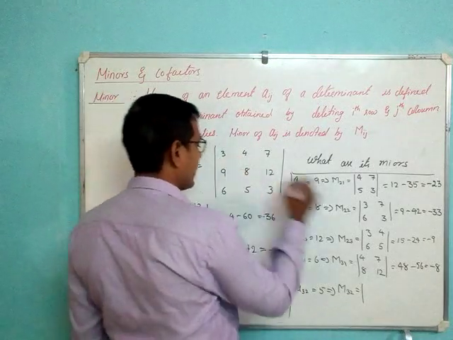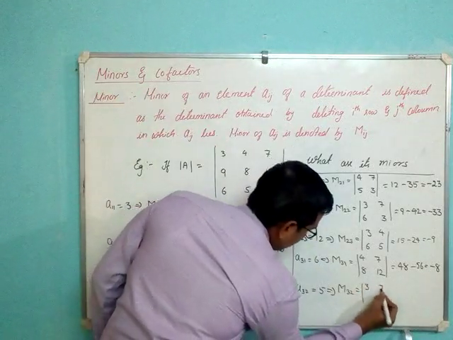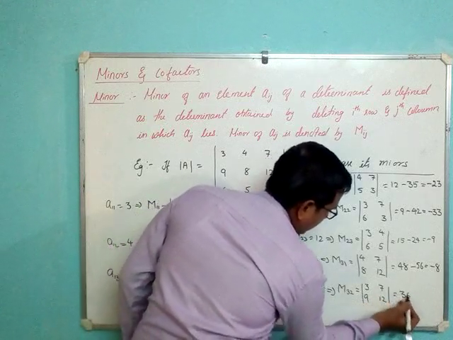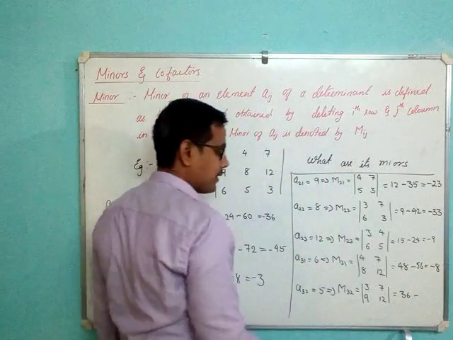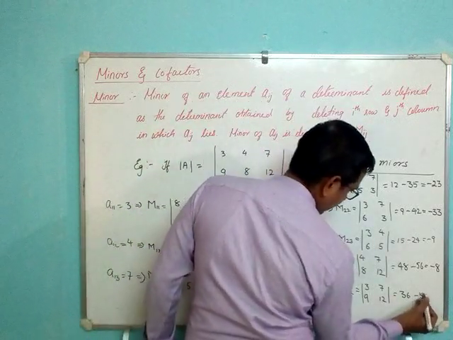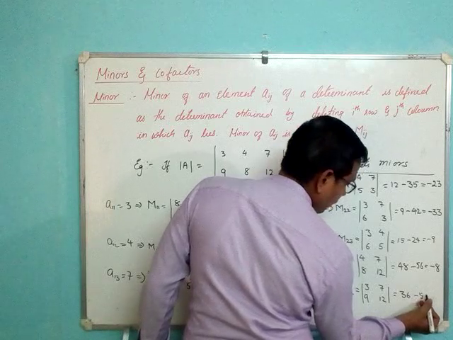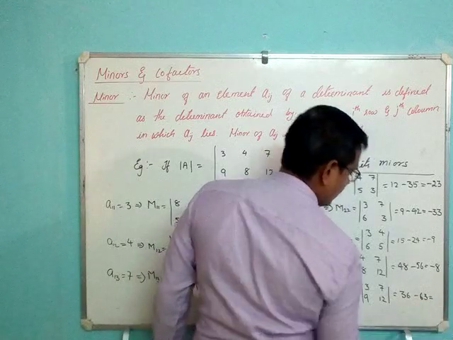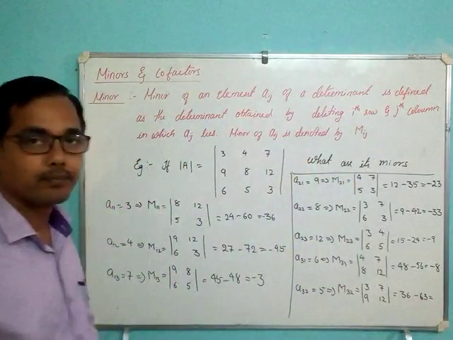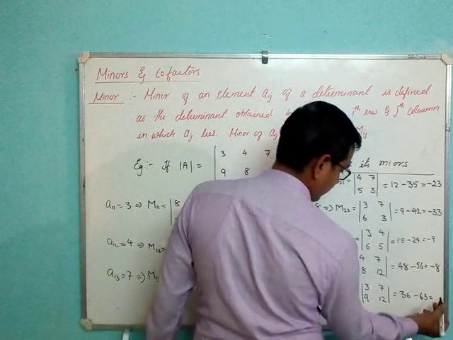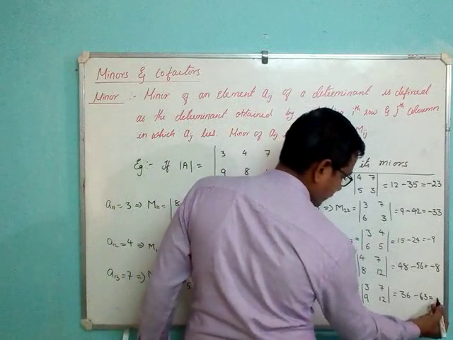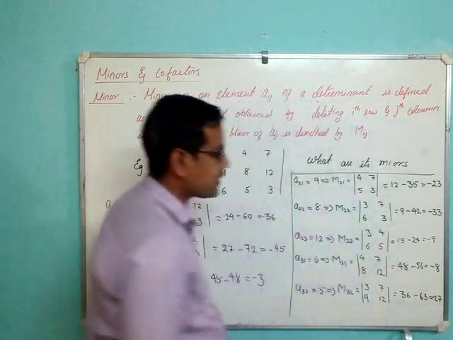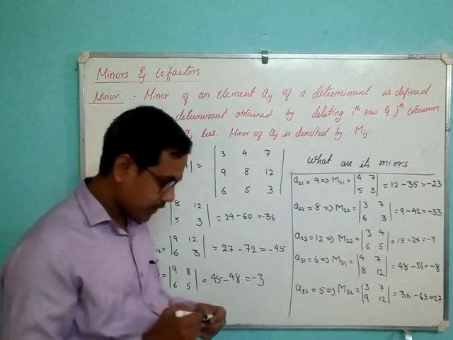What you will get? 3, 7, 9, 12. 3 into 12 is 36. 9 into 7 is 63. So 36 minus 63 is minus 27. That is minus 27. So this is how minor should be calculated.